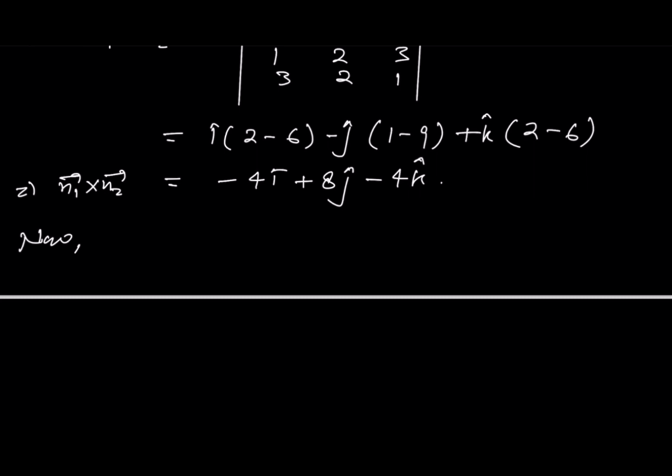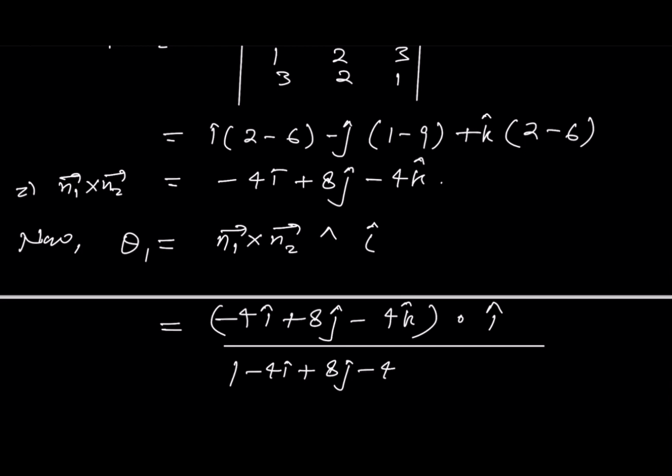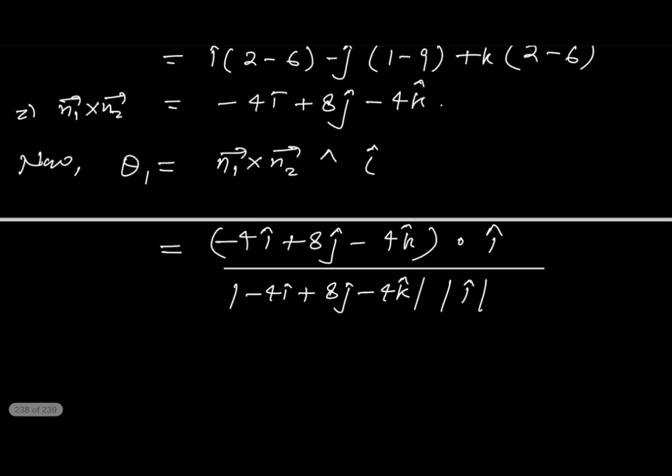So cos theta 1 will be minus 4 i cap plus 8 j cap minus 4 k cap dot i cap, upon mod of minus 4 i cap plus 8 j cap minus 4 k cap times mod of i cap.